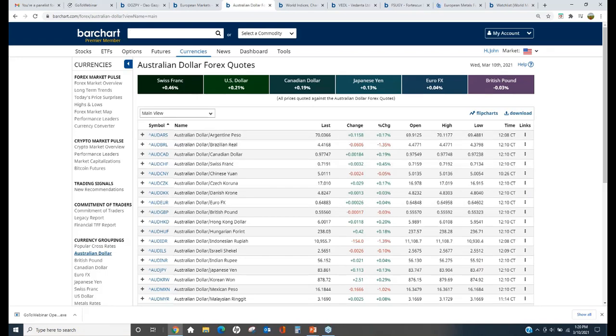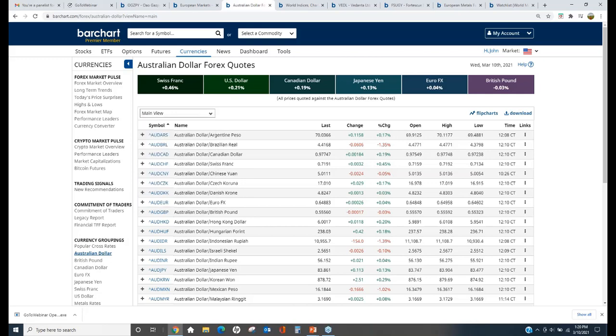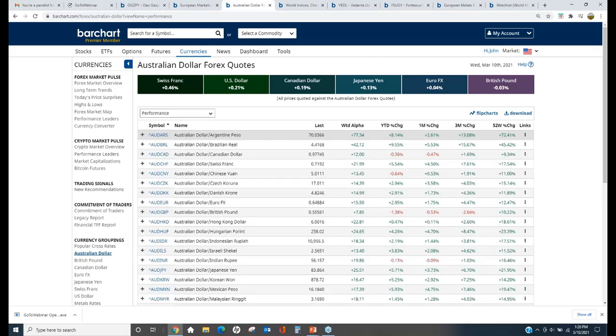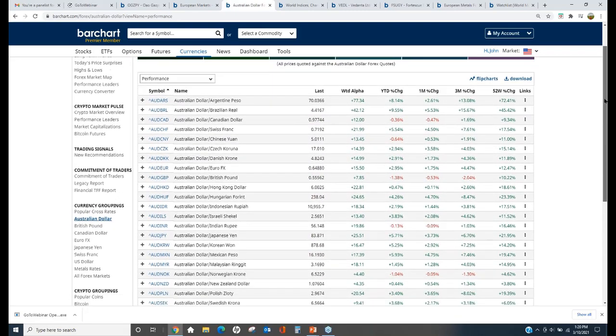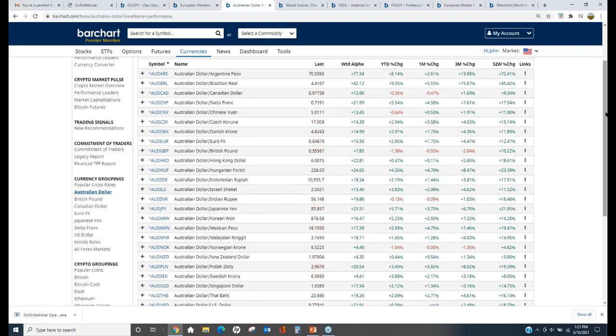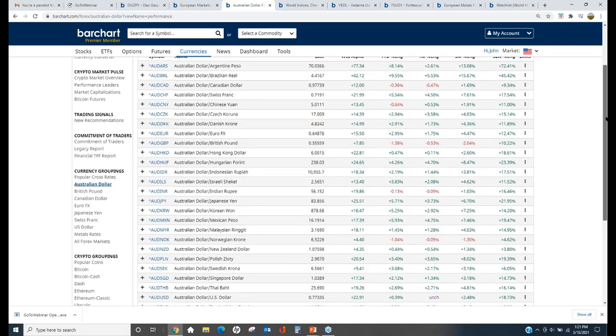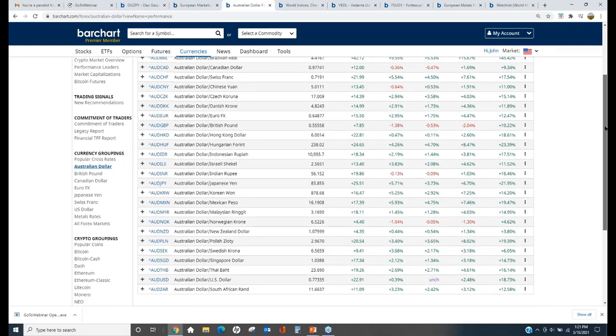Now, on my main view page, let's look at performance of the Australian dollar. And here I can look at the Australian dollar versus all currencies or active currencies in the world. And notice what we see here, right? I mean, this is pretty obvious, isn't it? Every currency in the world right now, compared to the Australian dollar, the Australian dollar has appreciated against all these currencies.